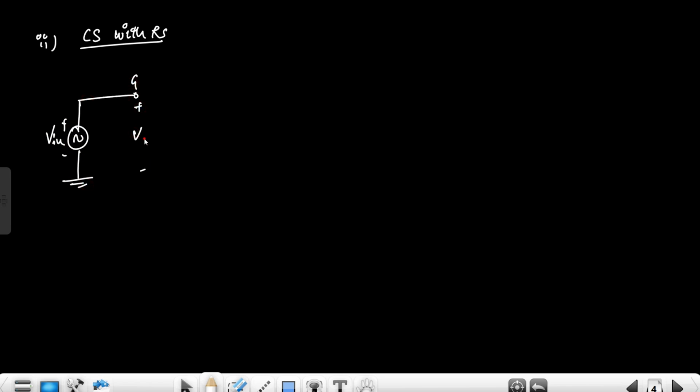Now we have to discuss the common source with RS. So common source with RS. The small signal model has the input, the source resistance is present, which is RS here, and the source level.